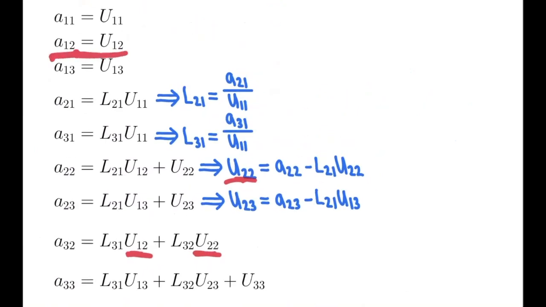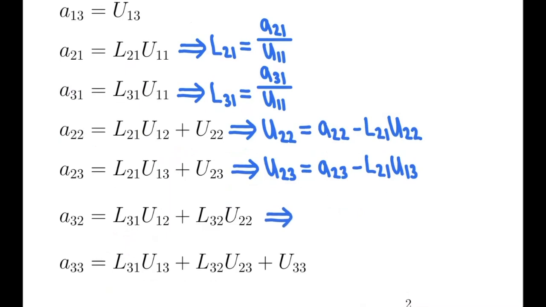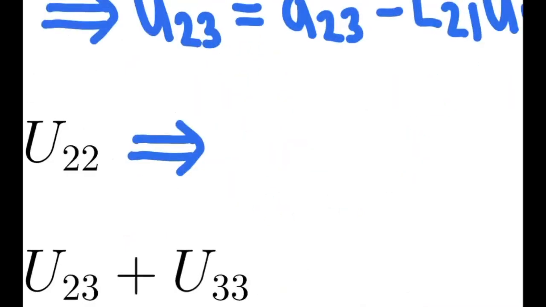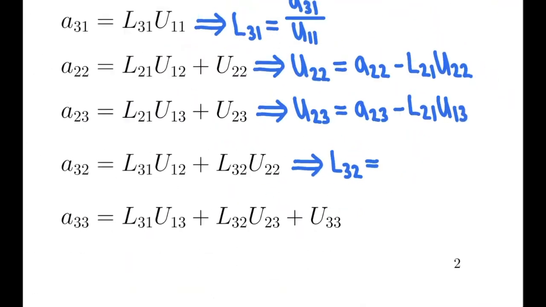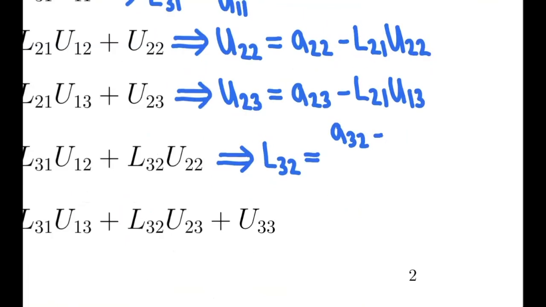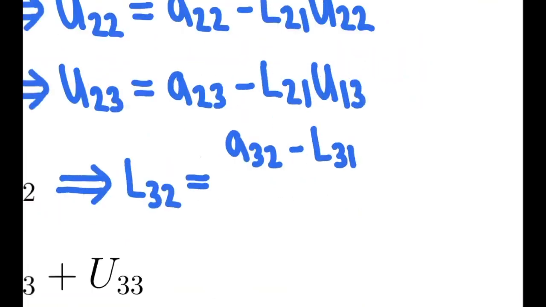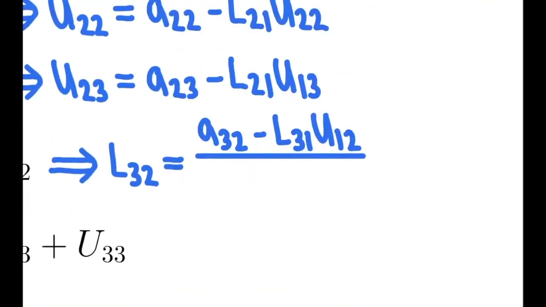We know L31 from over here. So we just don't know L32. Well, we subtract and we divide. So when you do that, you're going to get that L32 equals A32 minus L31 times U12 divided by U22.